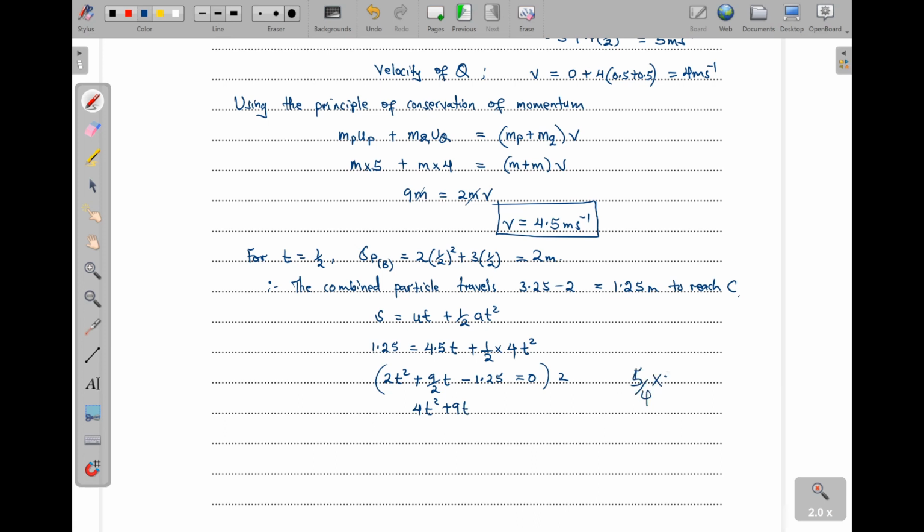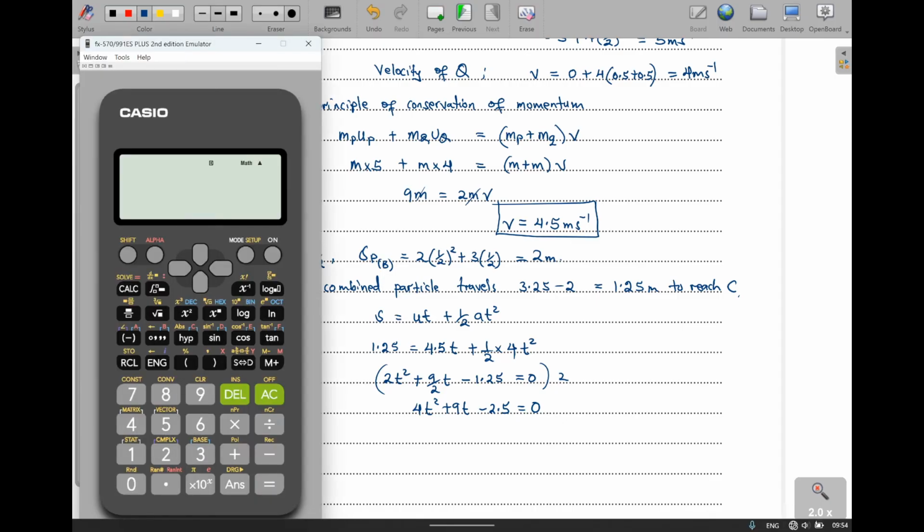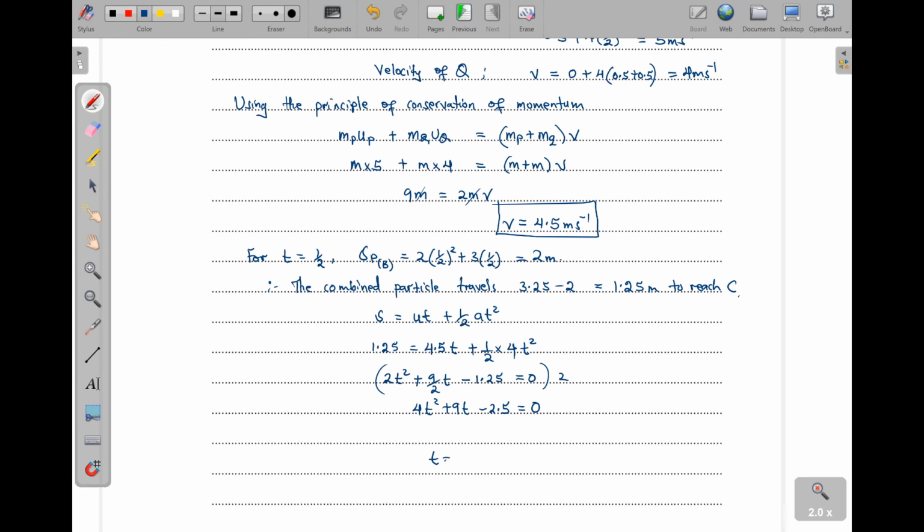So if I multiply by 2, it still remains that that is 2.5, it still remains as a decimal. But then I can put this one in the calculator and solve straight away. I'll go to equation, which is 5, then quadratic is 3, so put 4, then 9, then negative 2.5. So this one is a quarter, and then negative 5 over 2.